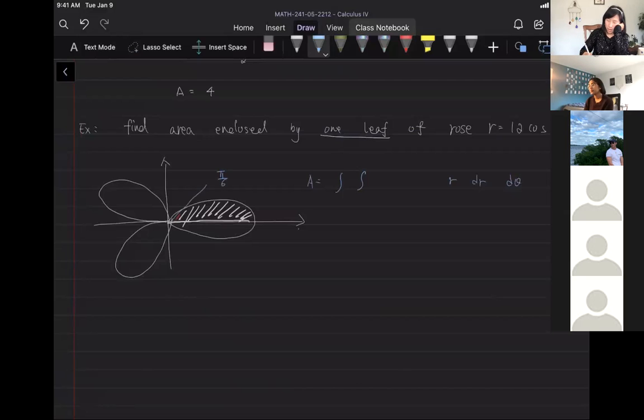So make r equals 0 and solve for θ. That's how we find the θ, right?